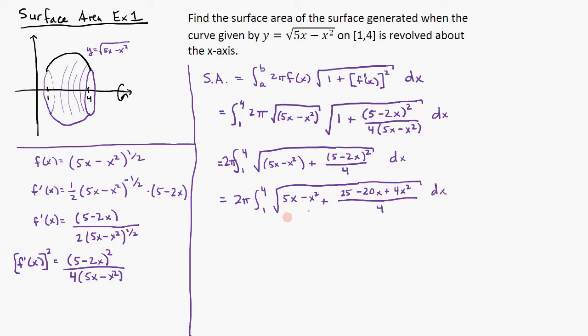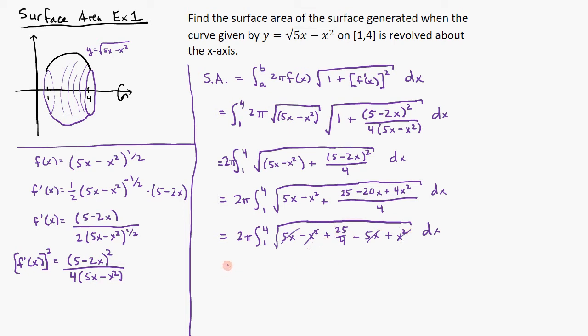And then I can divide everything by 4. So this is 2 pi, the integral from 1 to 4, square root of 5x minus x squared plus 25 over 4. 20 divided by 4 is 5, so minus 5x. 4 divided by 4 is 1, so plus x squared dx.